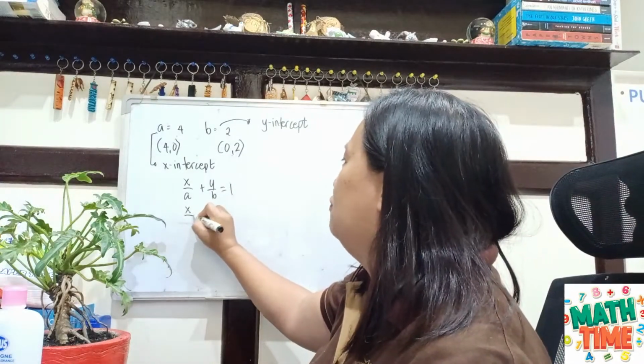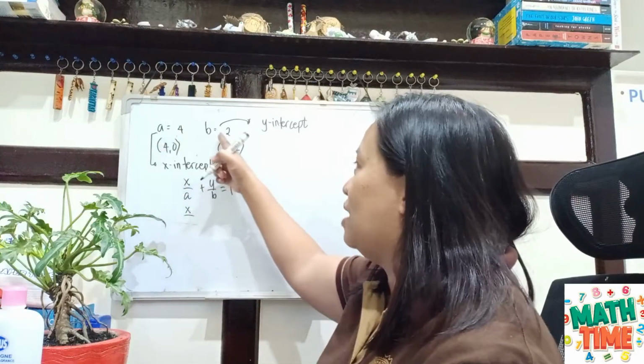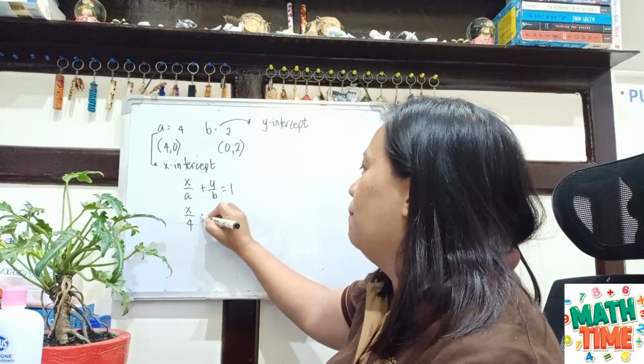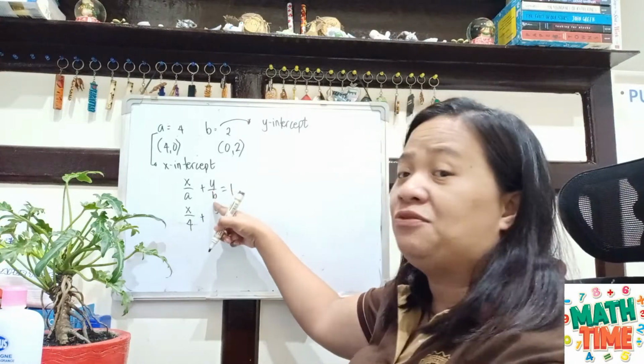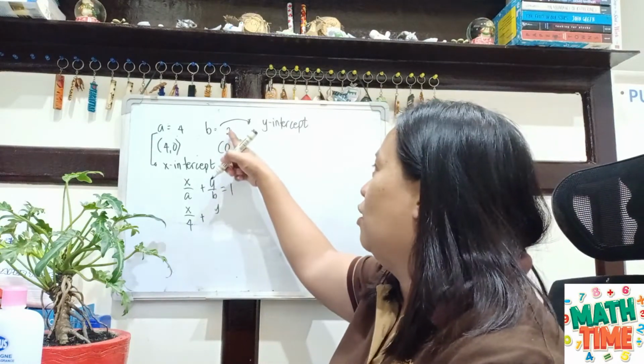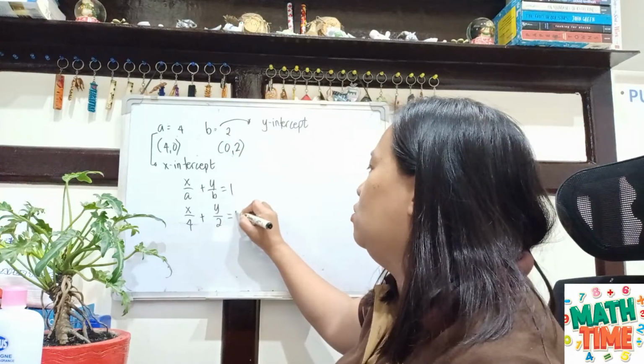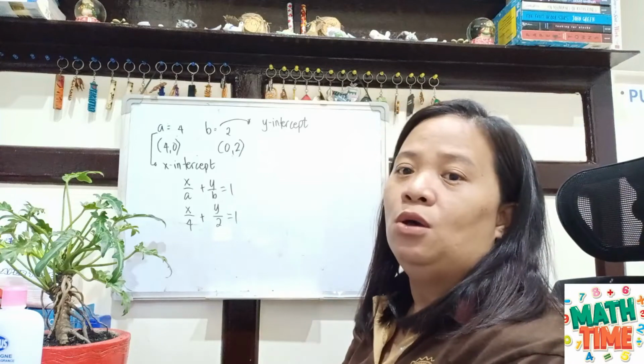Substituting the values of our x-intercept and y-intercept, that would become x over 4 plus y, instead of writing b, we are going to write the value of our y-intercept, which is 2, equals 1. Okay?